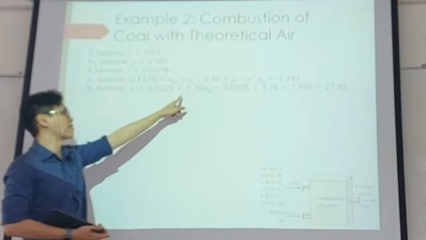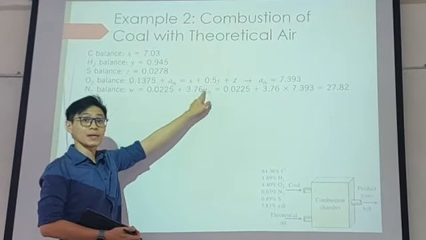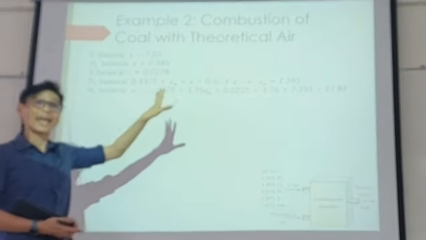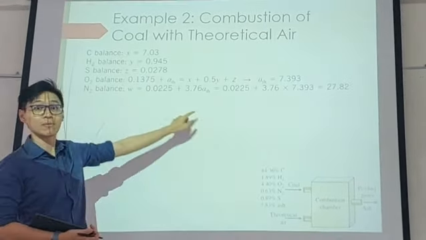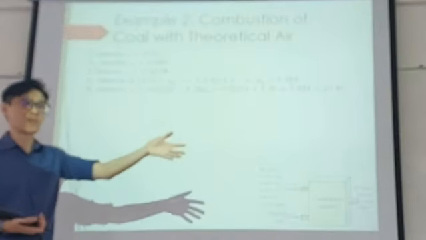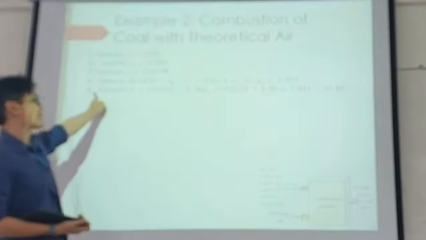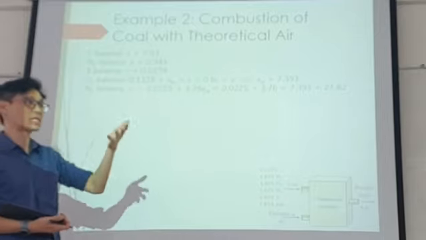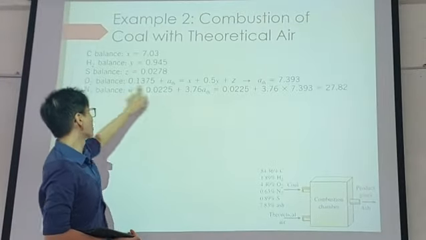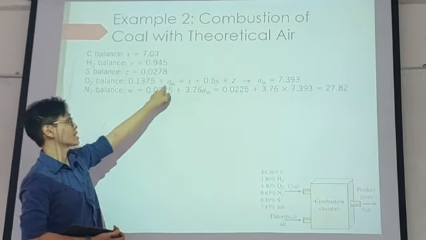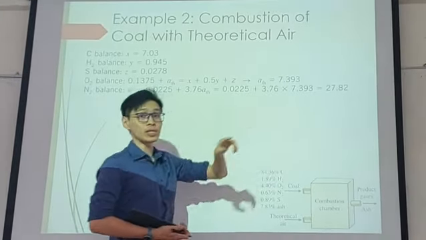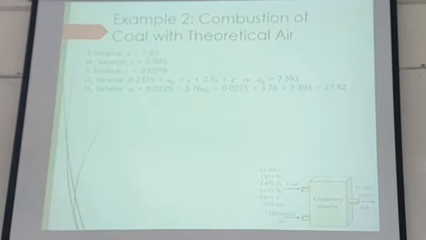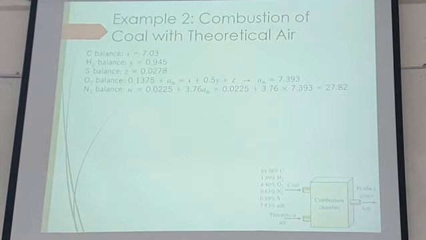N2 is not just 3.76 multiplied by the amount of O2, because there is N2 in the coal itself. This is a misleading mistake, because we are so used to N2 being just from the air, but this time there is N2 in the fuel, so there is one extra term here. O2 is the same balancing. By balancing this, you get ATH equal to 7.393, meaning that is the exact amount of air you need for complete combustion.